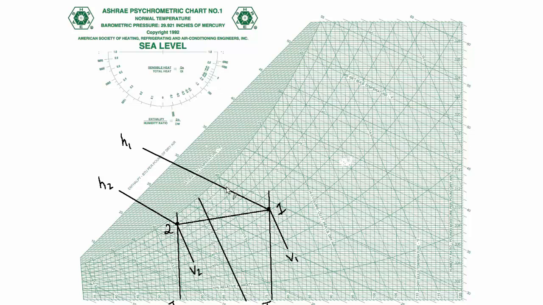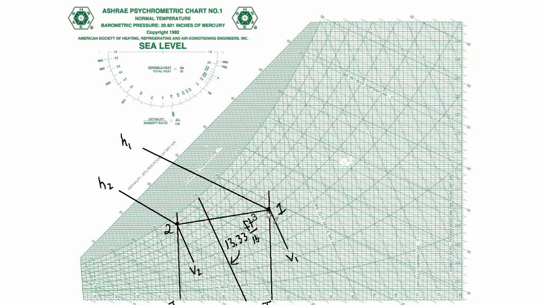This line is a line of constant specific volume, 13.33 cubic feet per pound of dry air. But in the example that I came up with, and again that was arbitrary, the entering air condition was way over here and had a specific volume of more than 13.7. And it's the distance between that line and the 13.33 line that's introducing that error.